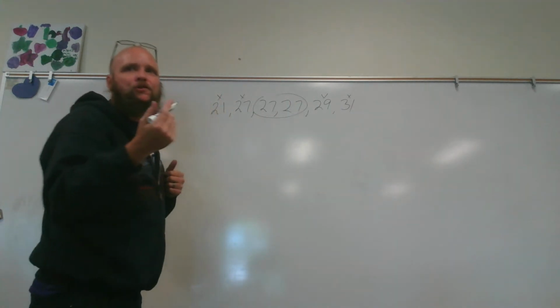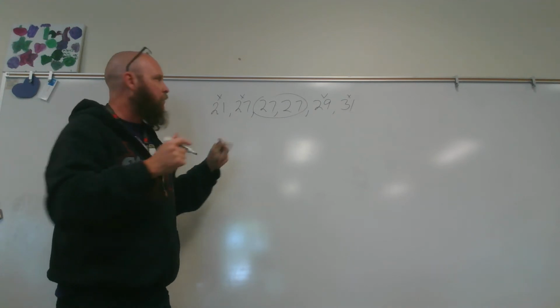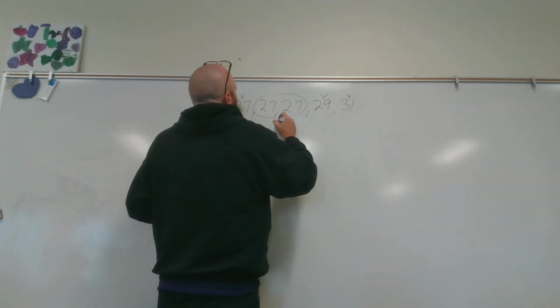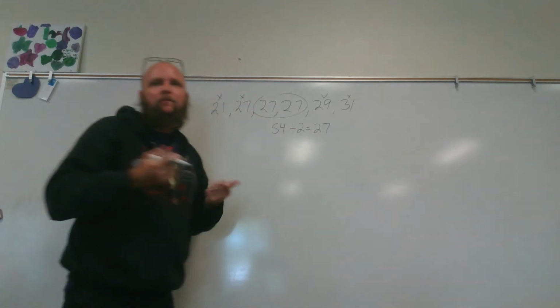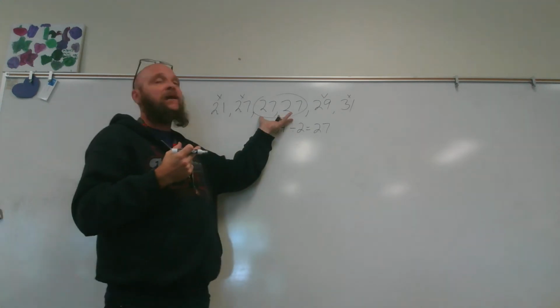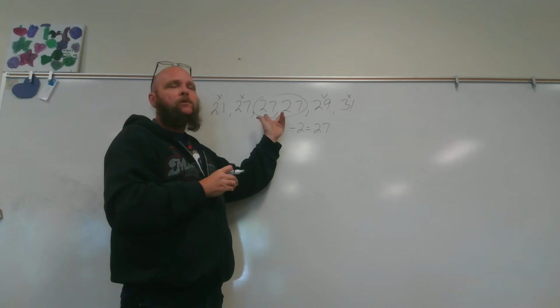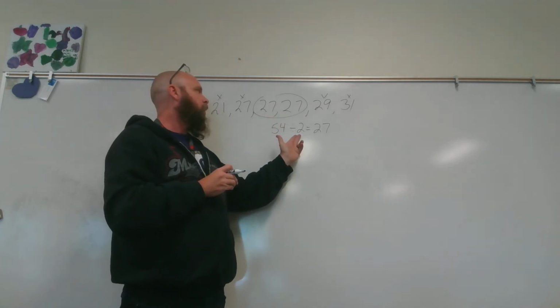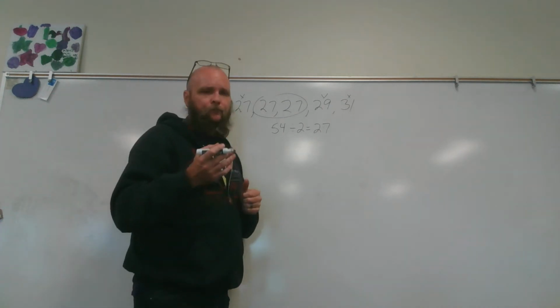If you find 2 numbers in the middle, you add those 2 together, which equals 54. You divide that by 2, and it's going to be 27. Basically, you're finding the mean of the two in the middle. So anytime you have two numbers in the middle, you add those two together, divide by 2, and that'll give you your median. So far it's true.